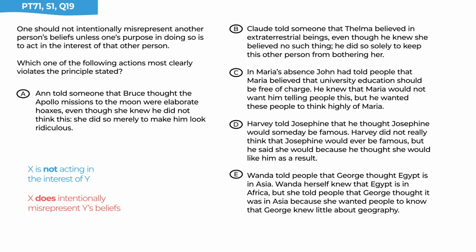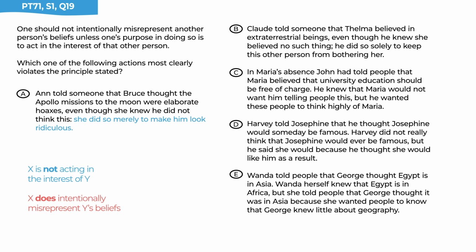Let's look at choice A. If we're wondering whether or not Anne was acting in the interest of Bruce, that last idea says she was definitely not acting in his interest. In fact, she just wanted to make him look ridiculous. Okay, so we've established the trigger. Now we want to see Anne does intentionally misrepresent Bruce's beliefs.